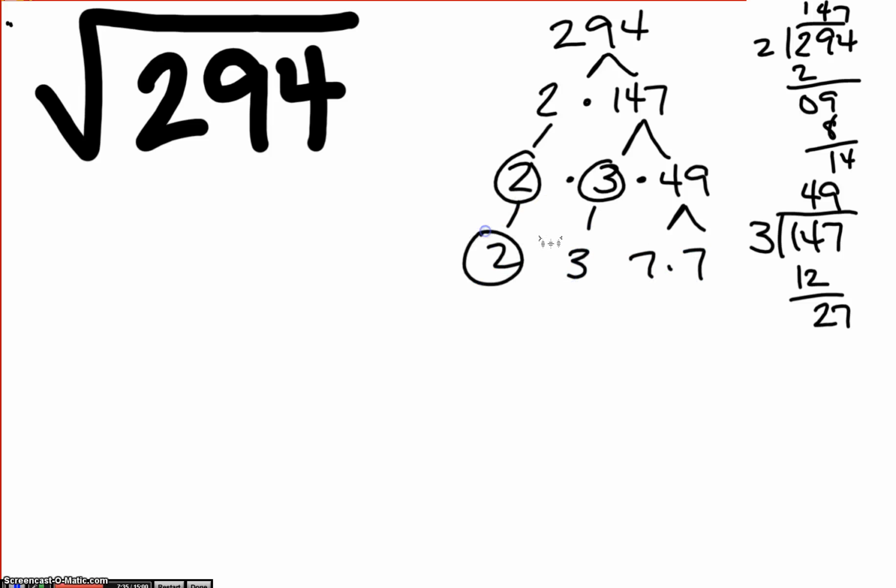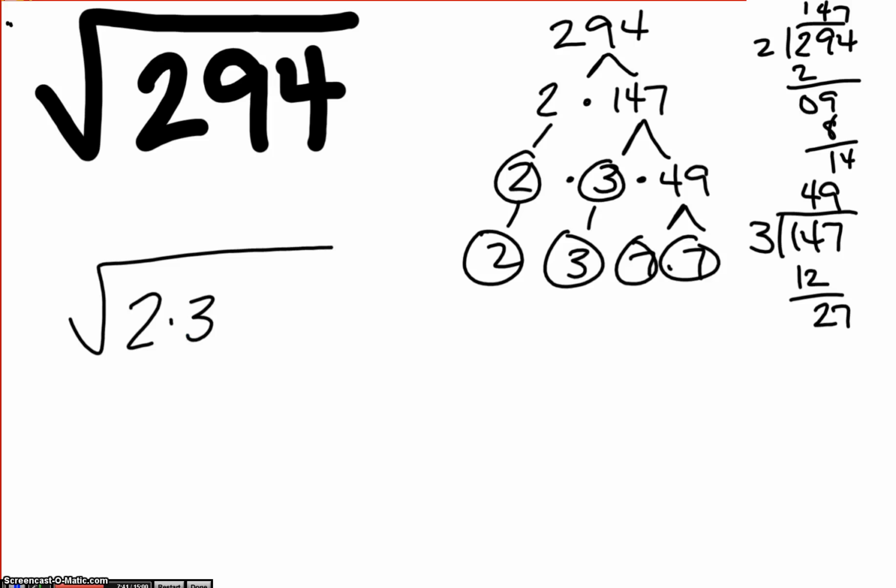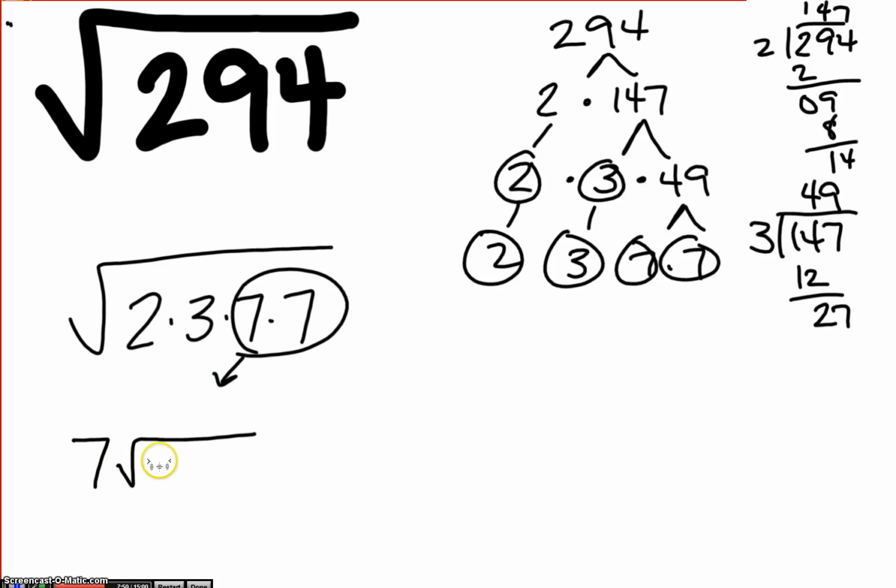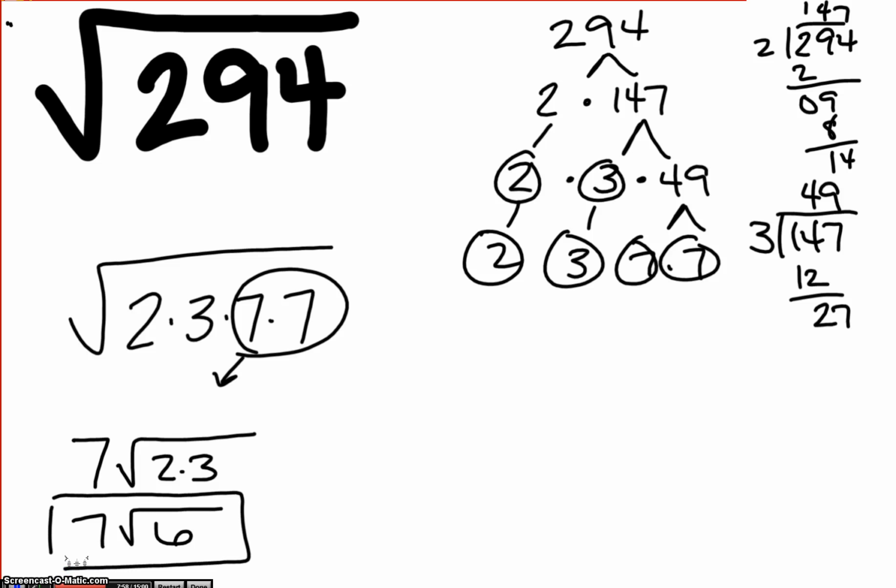Bring down my primes that I already found, and now I have all 4 primes, so I can stick them under the radical. 2 times 3 times 7 times 7. Perfect square, so you can pull it out. 7, and there's nothing else to pull out, so 2 times 3. So I have 7 square root of 6, and this is the simplified version of the square root of 294.